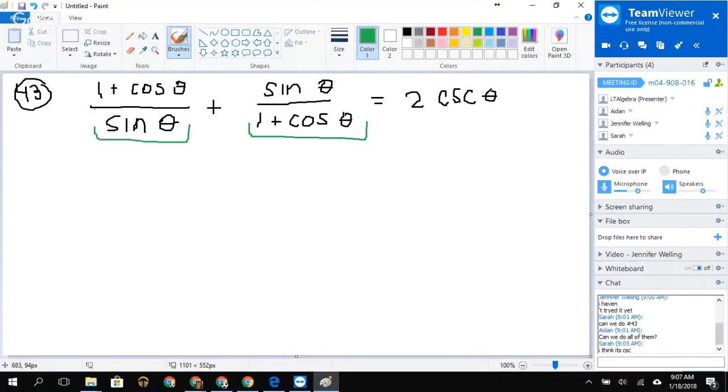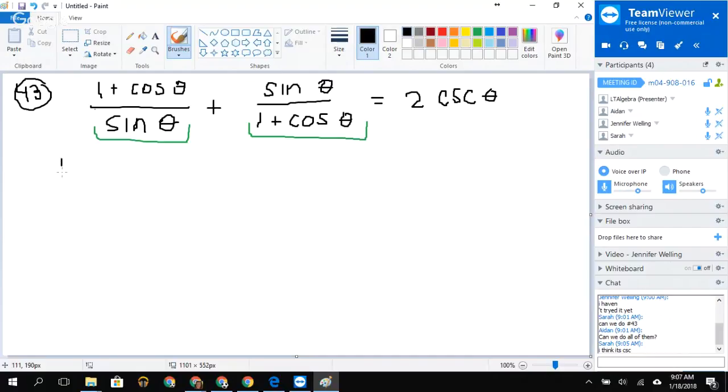So that I can add the 2 fractions together, basic fractions 101. In order to do that, I have a sine of theta in the denominator of 1 and 1 plus the cosine of theta in the other. It's not like there's a like term, so I'm just going to use the trick where I multiply the first fraction by the denominator of the second, and the second by the denominator of the first.